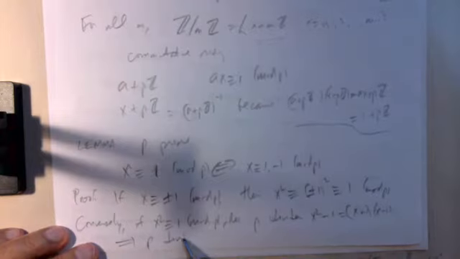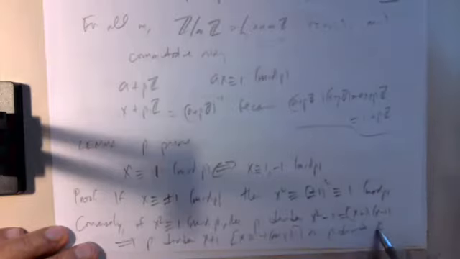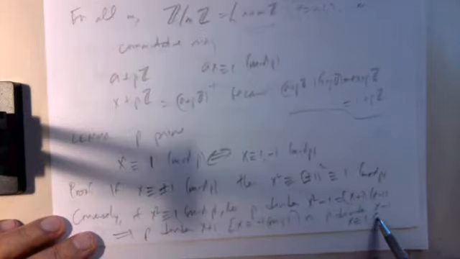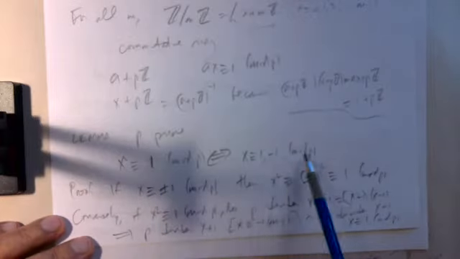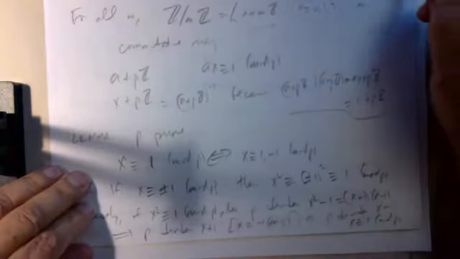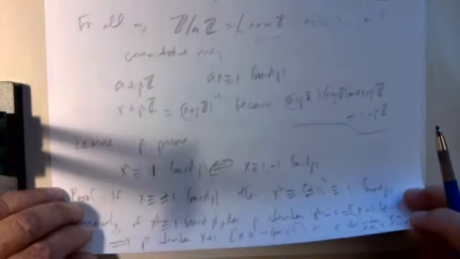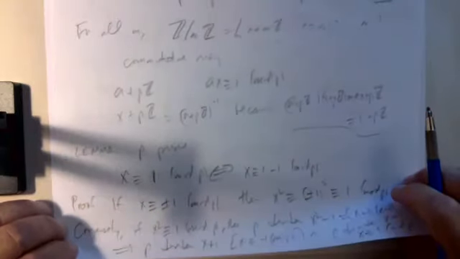So either P divides x plus 1, which means x is congruent to minus 1 mod P, or P divides x minus 1, which means x is congruent to plus 1 mod P. So if you have a solution of this congruence, it has to be plus or minus 1 mod P. Any questions about this? It's not possible to overemphasize how important this is.